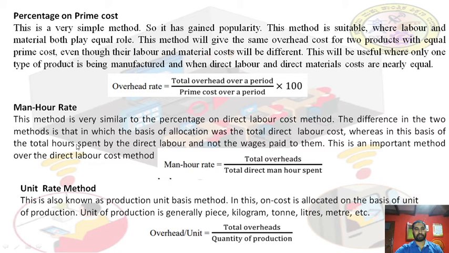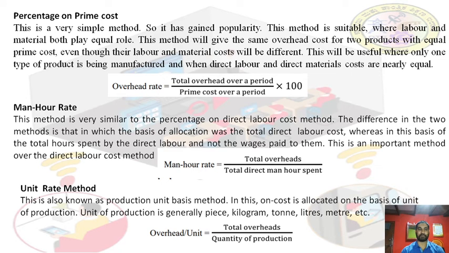Man-hour rate. Here the overhead is spent on the total man-hour spent by the company. For example, if there are 50 workers in a company, they are working for 8 hours, and they needed 25 days to manufacture some component, it will be multiplied.